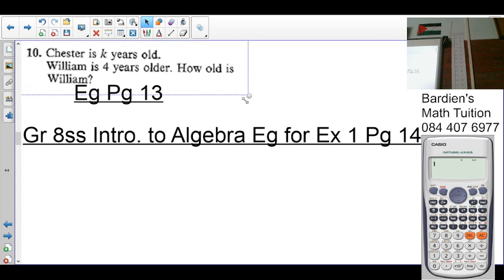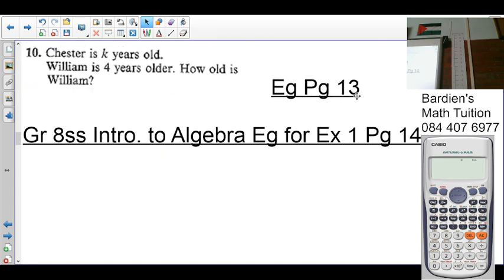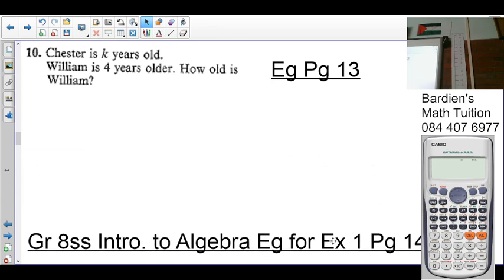Number 10. Chester is K years old. William is 4 years older. How old is William? K plus 4. You all agree with that? For those of you who don't understand, if Chester was 10 years old, how old is William? 10 plus 4.